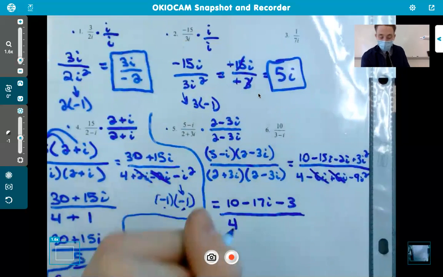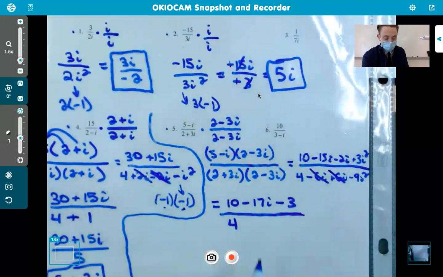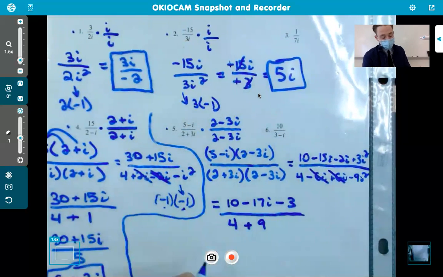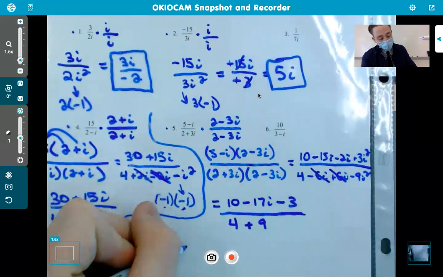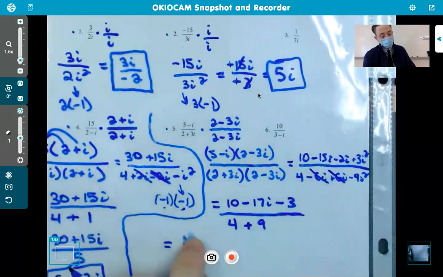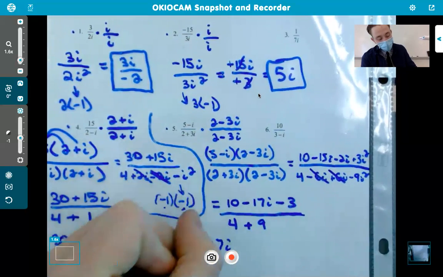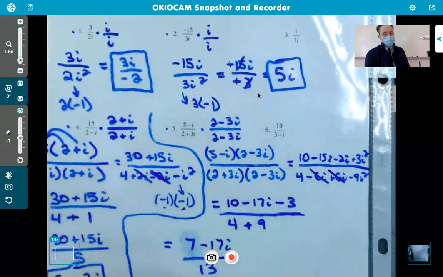And then after that, you would simplify the 9i squared, which would simplify to a positive 9. Exactly. Good. It'll simplify to a positive 9. Then I'll have 10 minus 3 is going to give me 7 minus 17i. 4 plus 9 will give me 13.